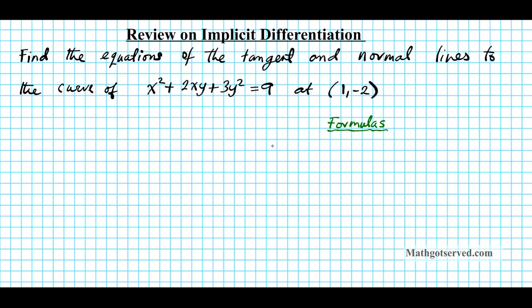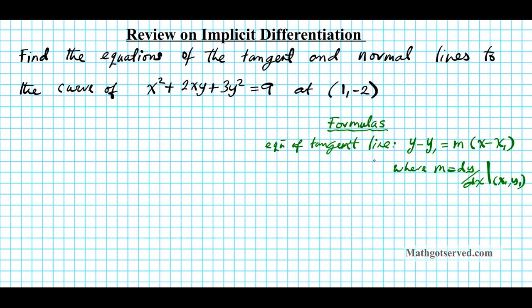So for the equation of the tangent line, that's going to be given by y minus y1 equals m times (x minus x1), where m is equal to dy/dx at the point (x1, y1).